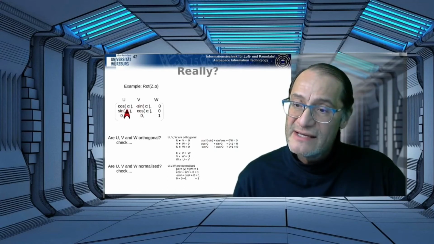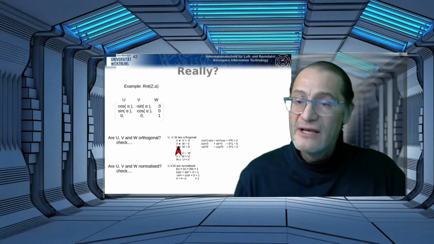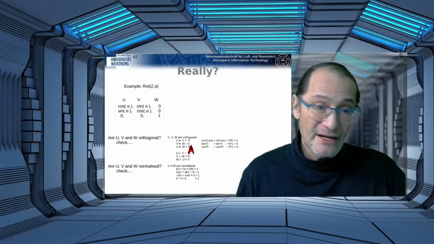As you can see, it's inverted, so the sum of these two terms is 0. And then plus 0 times 0. Okay, it is 0. So with the first one, it works. You can try by yourself with the second and with the third one, and you will see they are orthogonal.